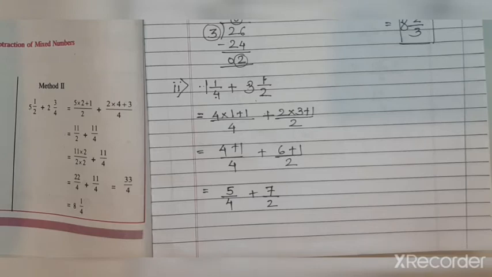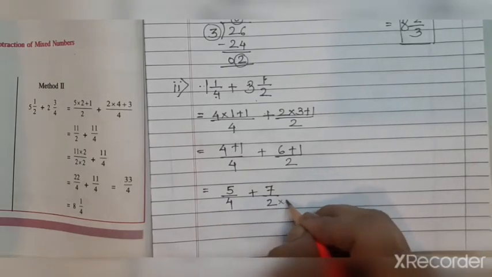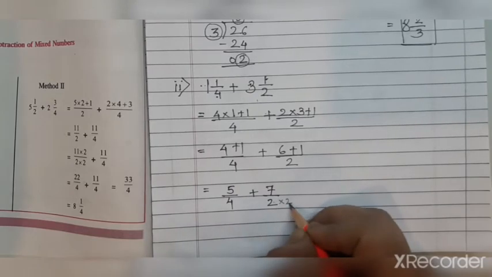And how do we do it? Now you see which number you can convert. Can we convert 4 to 2 or 2 to 4? Yes, we can convert 2 into 4. How? By multiplying 2 by 2. So when we multiply 2 by 2, we get 4.